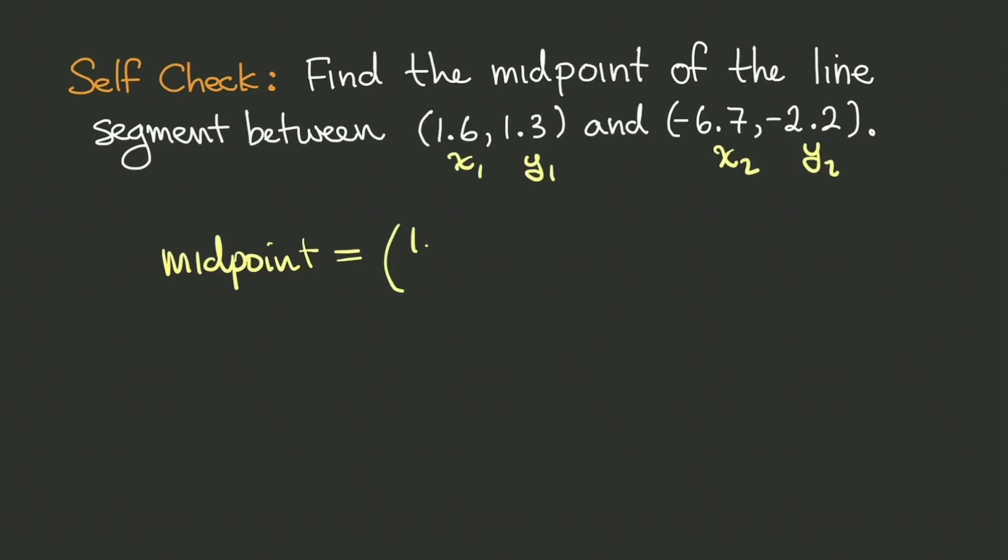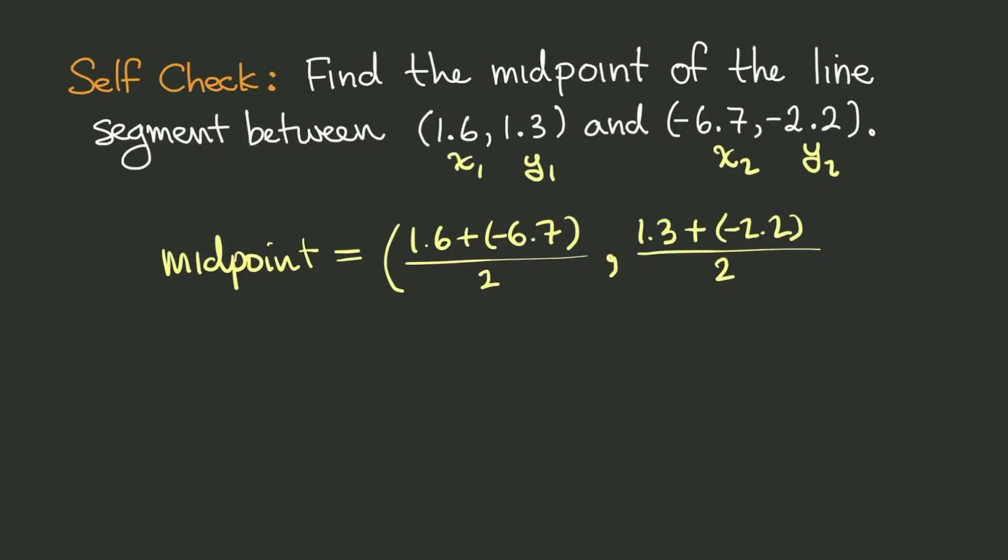And so we'll take 1.6 plus -6.7 divided by 2. And then we'll take the average of the 2 y values. So we'll take 1.3 plus -2.2. And that's going to also be divided by 2 because we're taking the average.